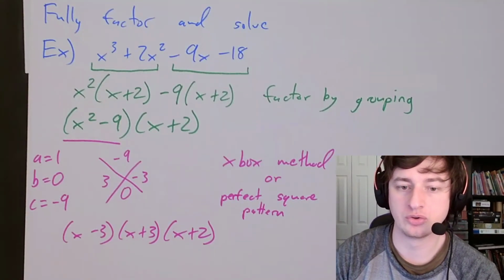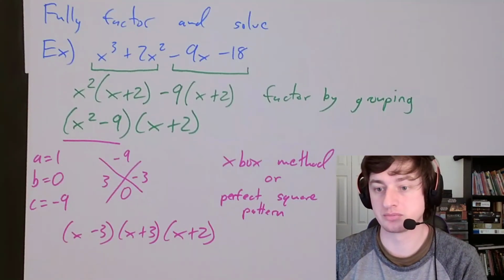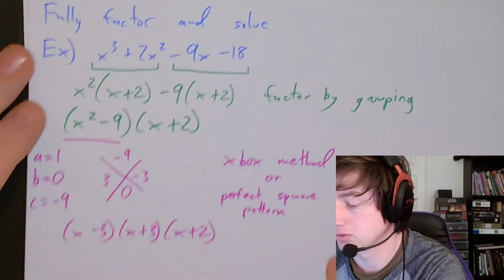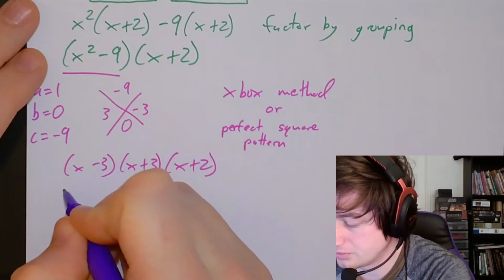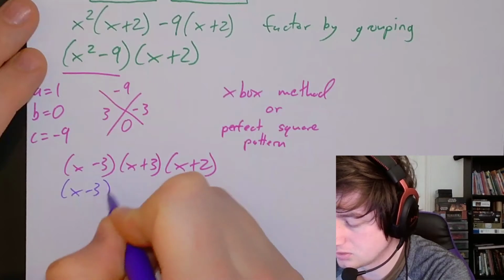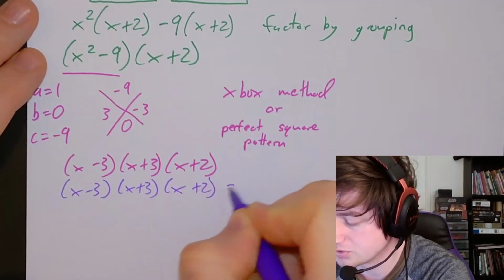Now we need to find the solutions, which are just what are the zeros? What are the zeros here? So x minus 3 times x plus 3 times x plus 2 equals 0.